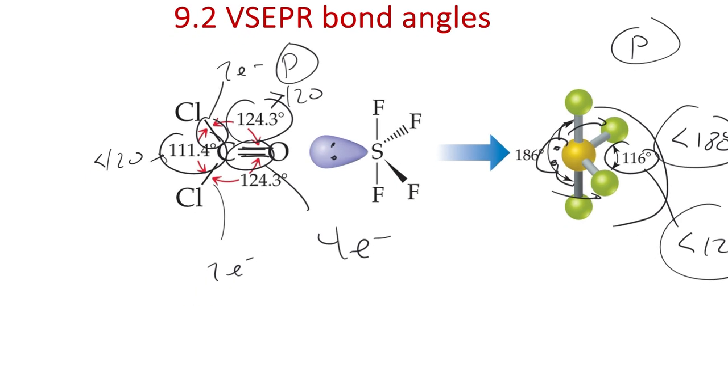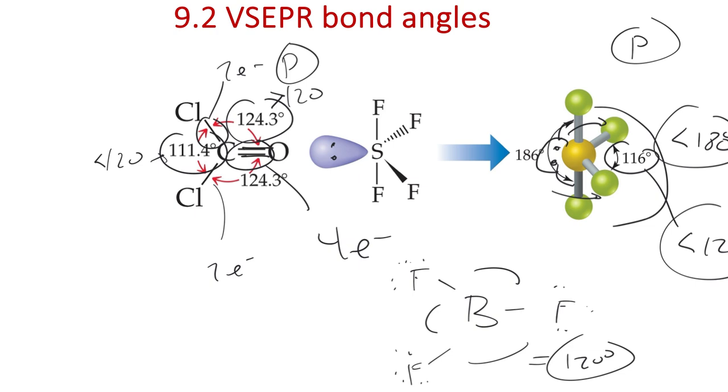If we go to a structure like BF3, where I'm looking at this structure here as being BF3, perfectly trigonal planar, and I'm seeing that these bond angles here are all exactly equal to 120 degrees, not different than 120, not slightly less than 120, then these bond angles being exactly 120 help me predict that this is a nonpolar molecule.